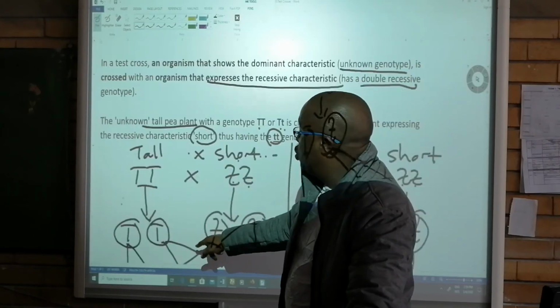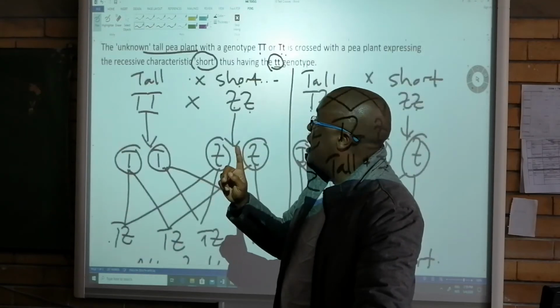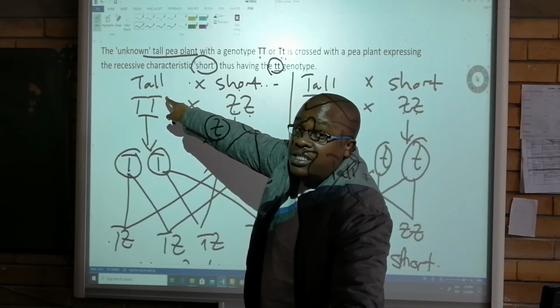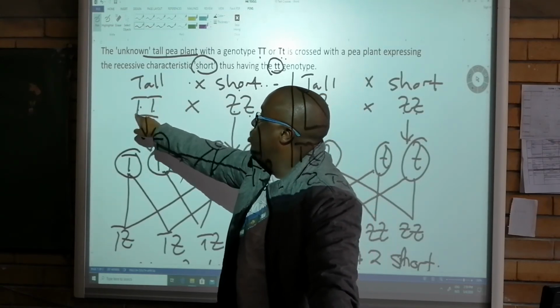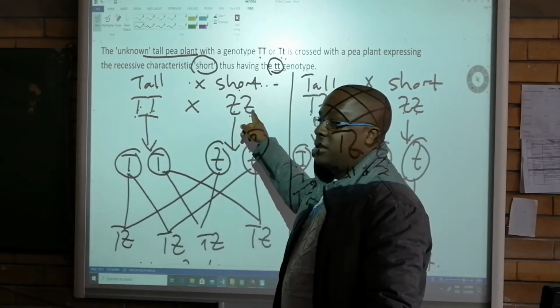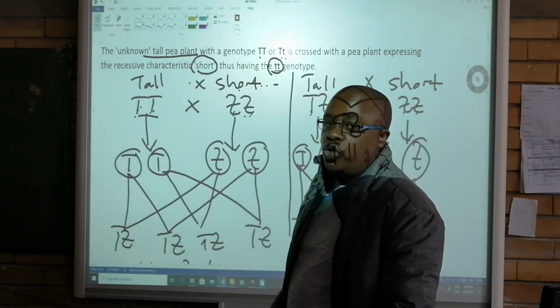Because how can they all be tall? They don't even have one short one. It means that the unknown parent with the dominant phenotype must be carrying the dominant alleles. And what are they doing? They are masking the recessive alleles of the homozygous short pea plant.